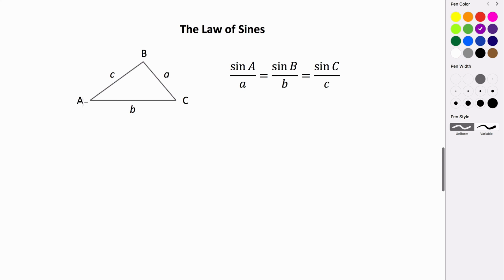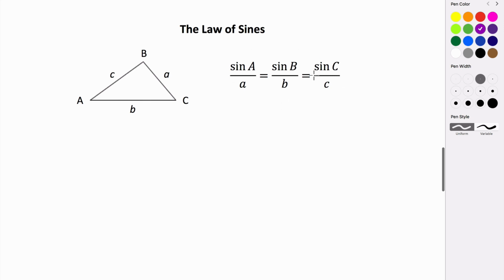So the sine of angle A divided by the length of side A is going to be equal to the sine of angle B divided by the length of side B is equal to the sine of angle C divided by the length of side C. And that's the law of sines.